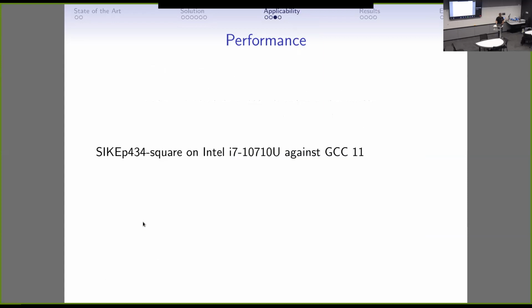Let's look at the performance first. One example is this, the SIKEp434 square function, which is a square operation based on the SIKEp prime. Not too important what that is, but just for reference. We've run the optimizer on this particular 10th gen CPU, and we compare against GCC in the latest version.